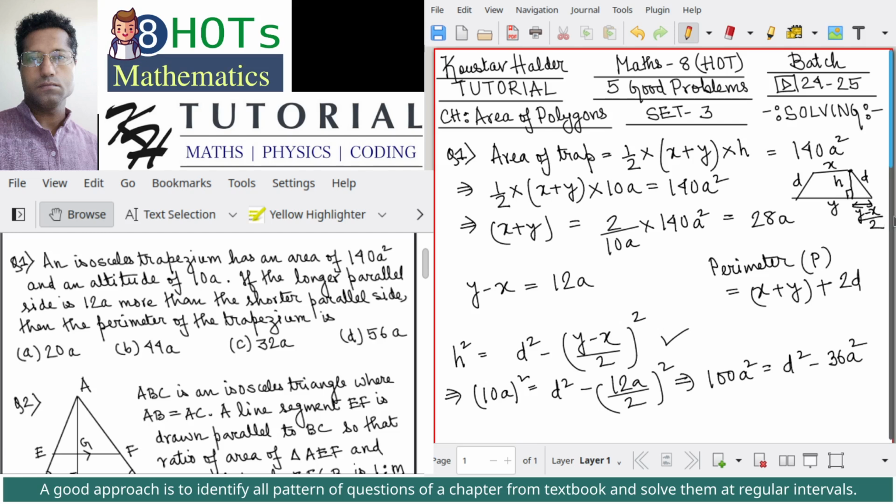So from the Pythagoras theorem we will have d square is equal to h square plus y minus x by 2 whole square. That is fine.